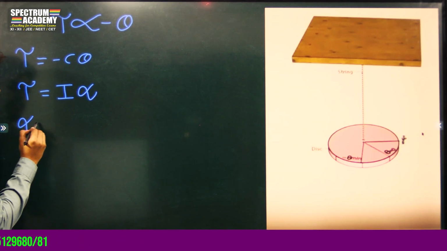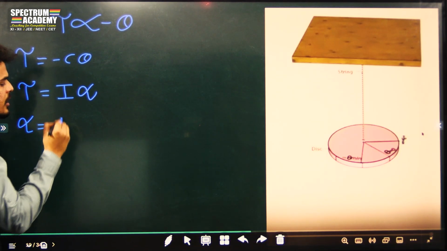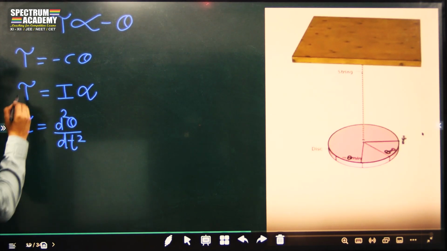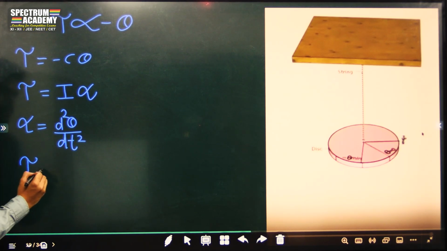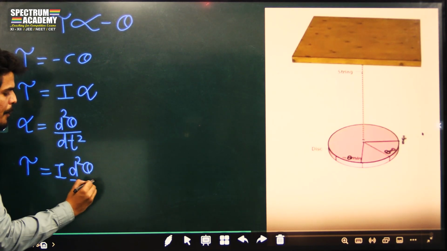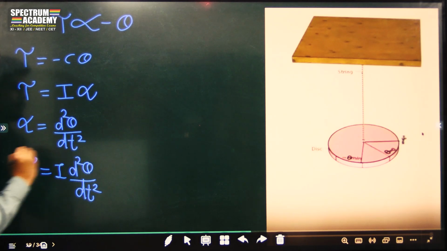The angular acceleration can also be written as d2 theta upon dt square. So the torque tau equals I d2 theta upon dt square.